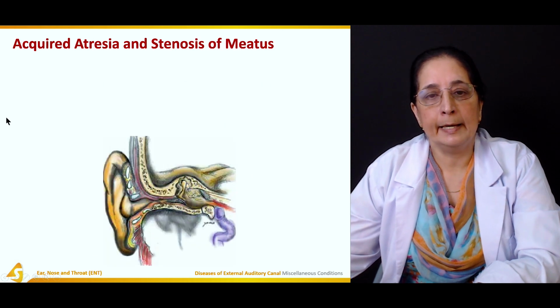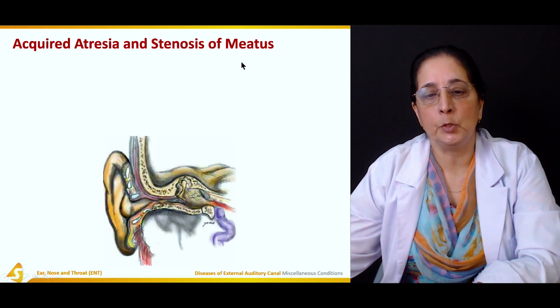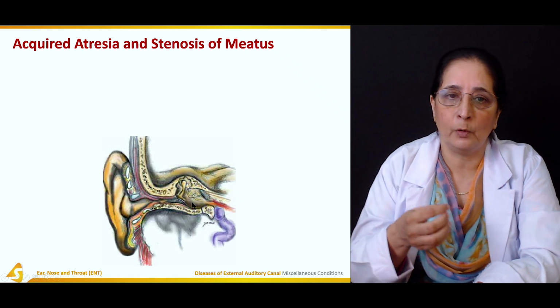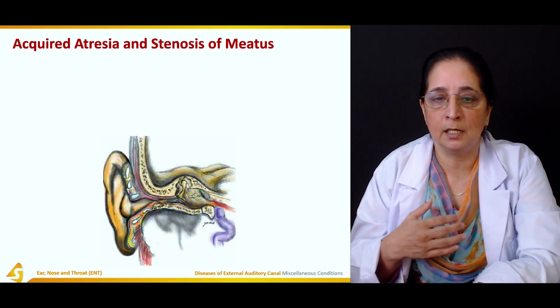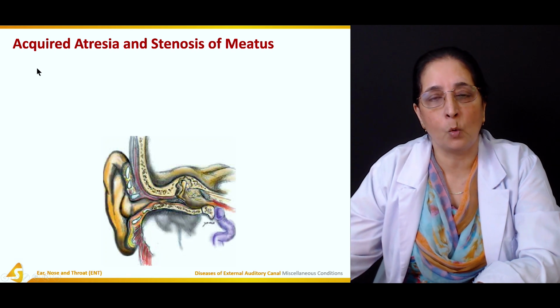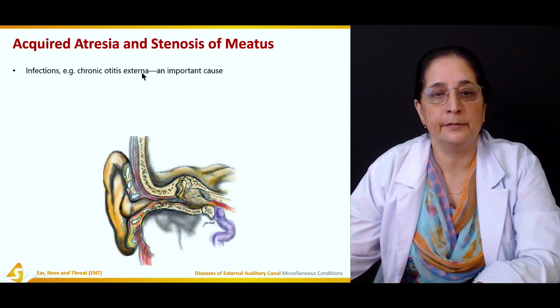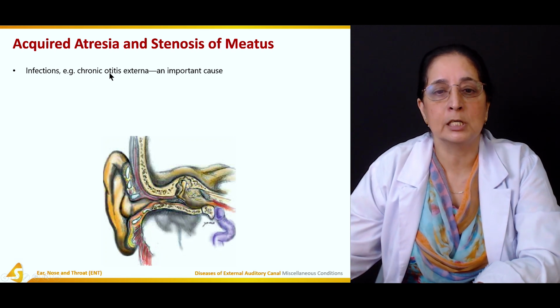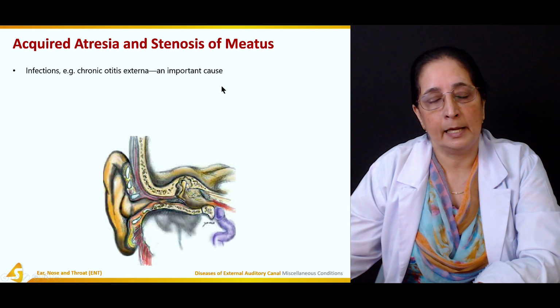Then acquired atresia and stenosis of the meatus. Stenosis is narrowing, and atresia is no opening at all of the meatus. How can it happen? Different infections, for example chronic otitis externa, an important cause of atresia.